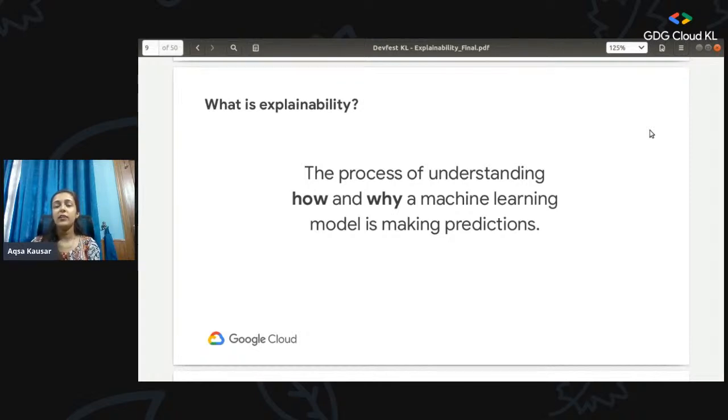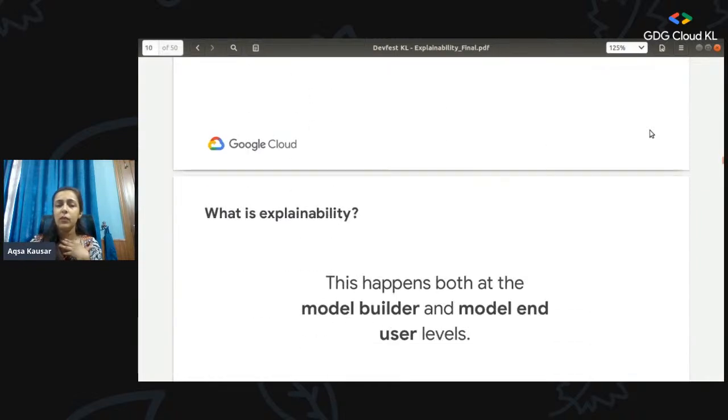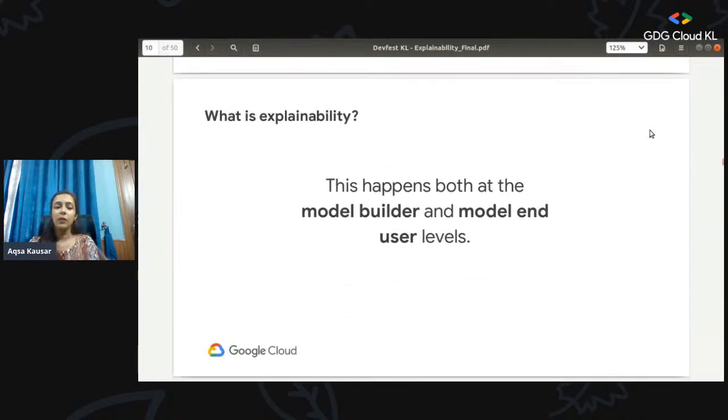Why is it calling a cat a cat, and why is it calling an image a dog? What exactly is it looking at in those pictures, and what features is it focusing on to call it a dog or a cat?